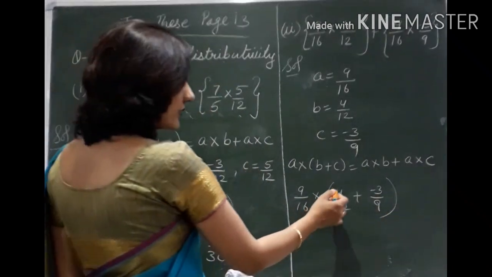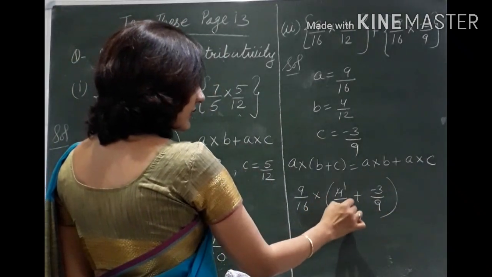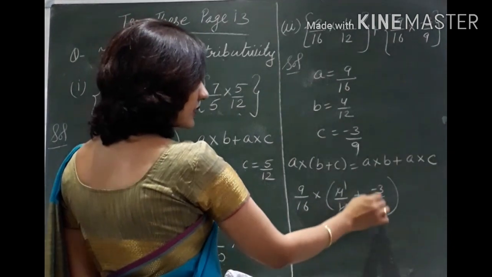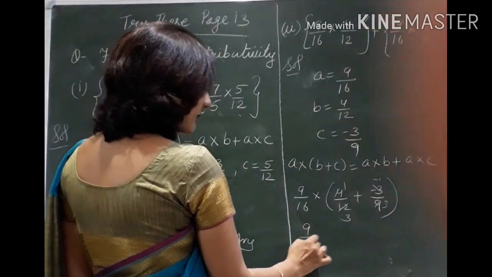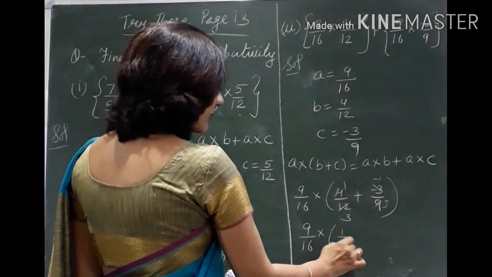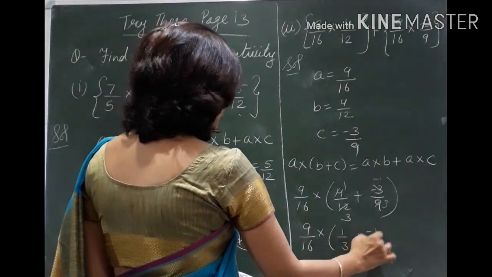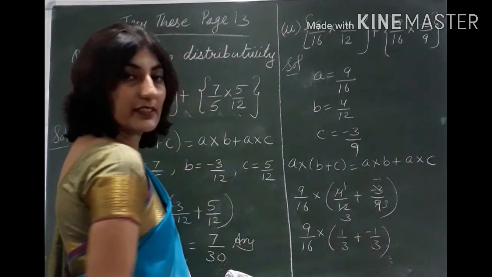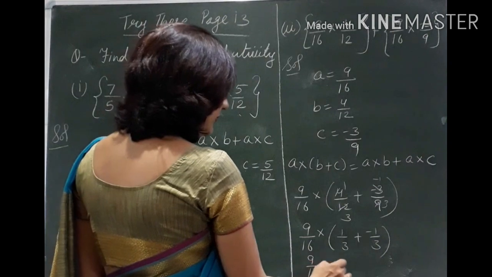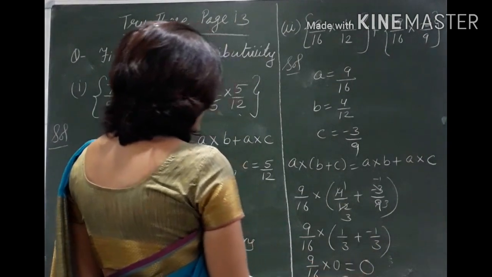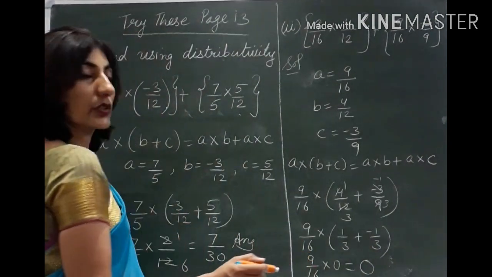Now you can solve this. 4 by 12 you can cancel, 4 ones are 4, 4 threes are 12. This also you can cancel, minus 3 by 9 gives minus 1 by 3. So you are left with 9 by 16 into 1 by 3 plus minus 1 by 3. 1 by 3 plus minus 1 by 3 is 0. So 9 by 16 multiplied by 0 equals 0. This way in these questions we can use the property.